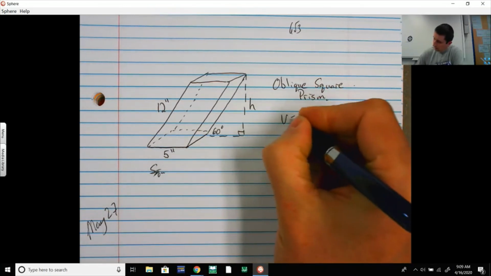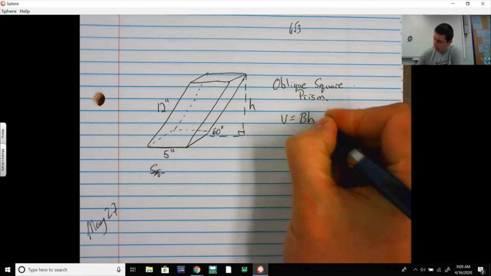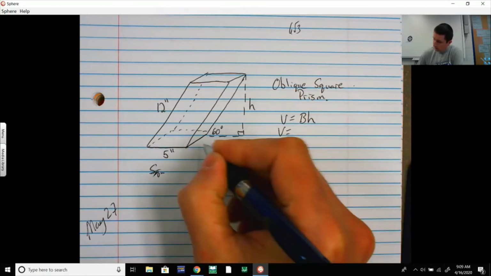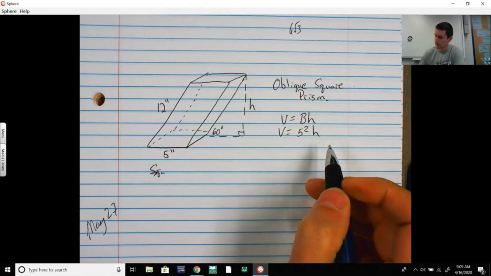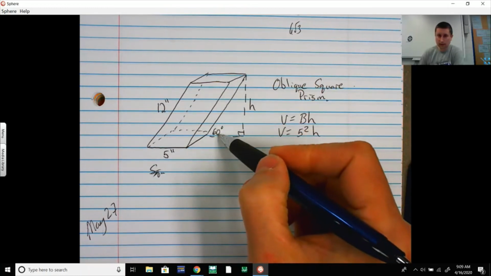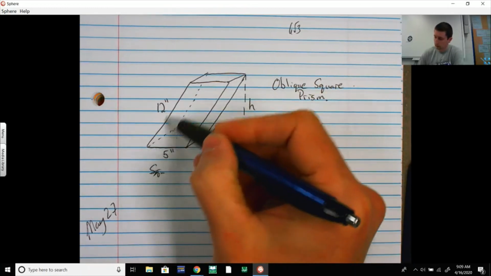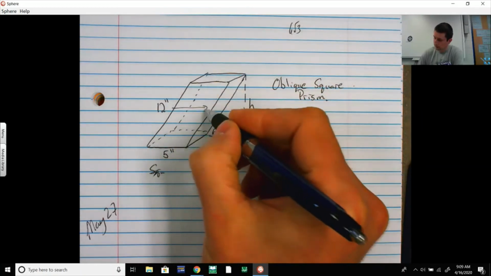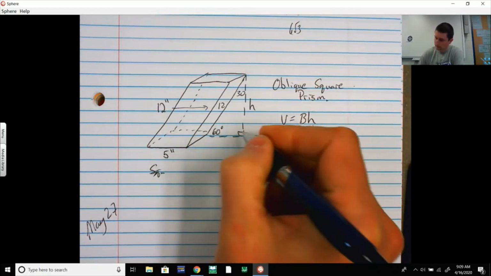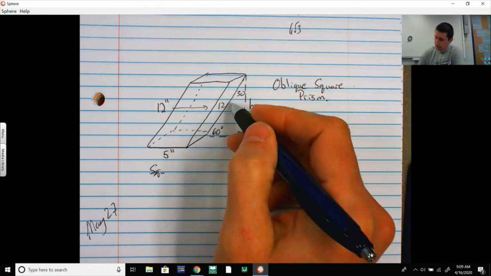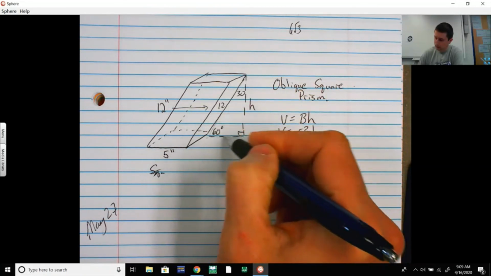We need the volume, which is going to equal the area of the base times the height. So if it's a square, we know the area of the base is 5 squared times the height, which we don't have. But they did tell you this is a 60-degree angle here. So if this is 12 inches, you see the 30, 60, 90 that we have going on here. If we go from the hypotenuse to the short leg, we have to cut that in half.